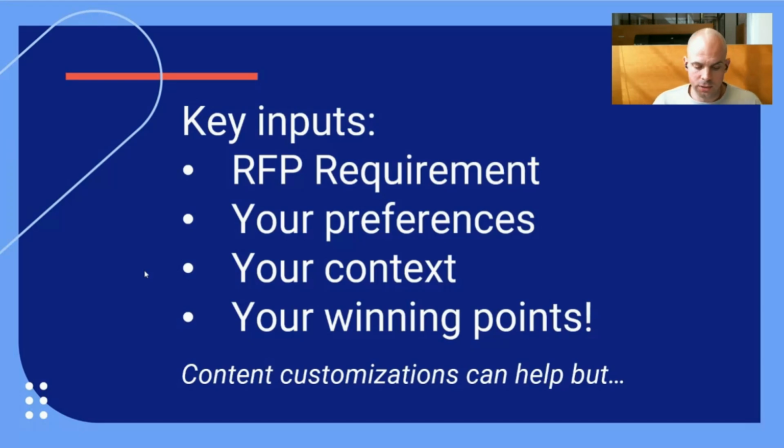That's why, if you have some winning point for some requirement, you provide it, so the AI doesn't make something up in order to write a winning response. So that's very important, and it's simple once you understand it, but it's where most professionals are getting it wrong.